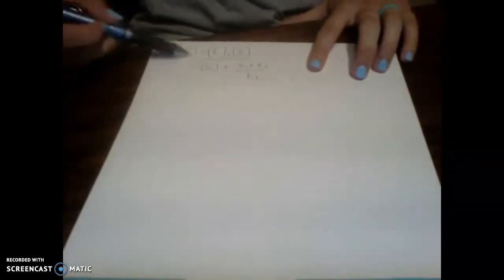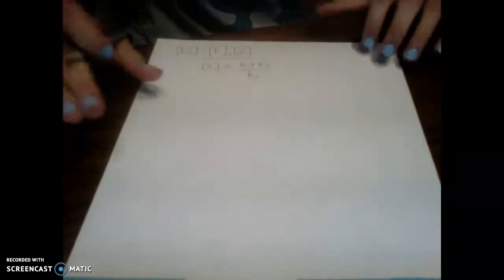Alright, so now this is what we're working with. Now let's use that and let's look at some different instantaneous rates of change.